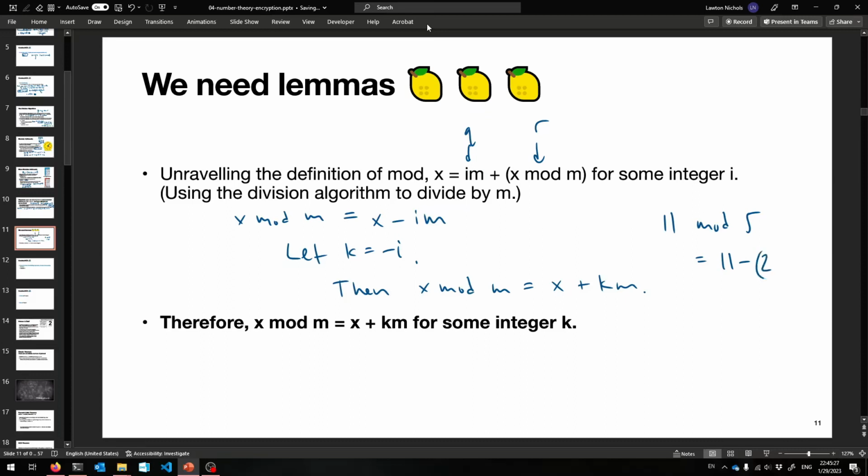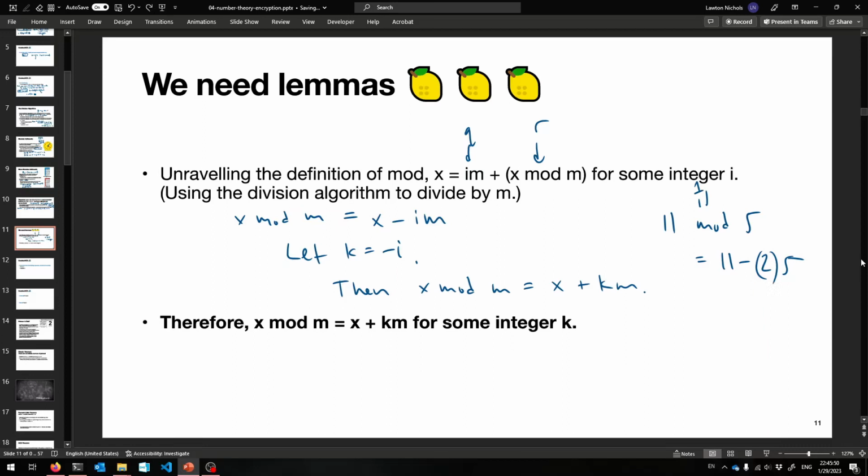So the quotient was 2, I'm negating that, and I got minus 2 times 5. That's what 11 mod 5 is equal to, because that's equal to 1. 11 mod 5 is 1, there's 1 left over, that's equal to 11 minus 10. But now this is in terms of my original number and my quotient. That's how I can find another way to express the remainder.